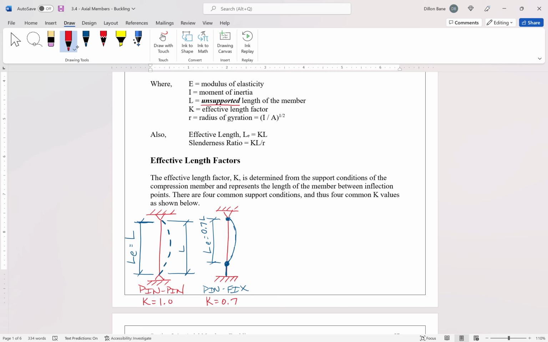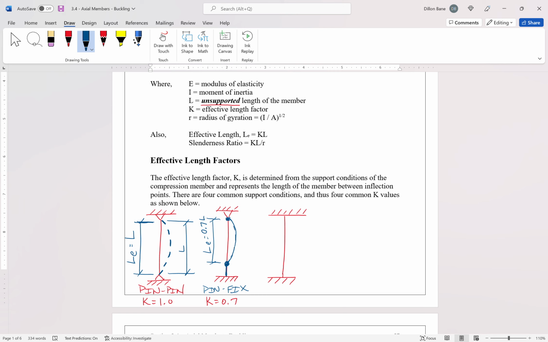Okay, so here's my column, fixed at the bottom, and it's fixed at the top. Again, knowing how supports work, if we were to apply a compressive load in such force that it causes this member to buckle, it's going to have that sudden lateral deflection.